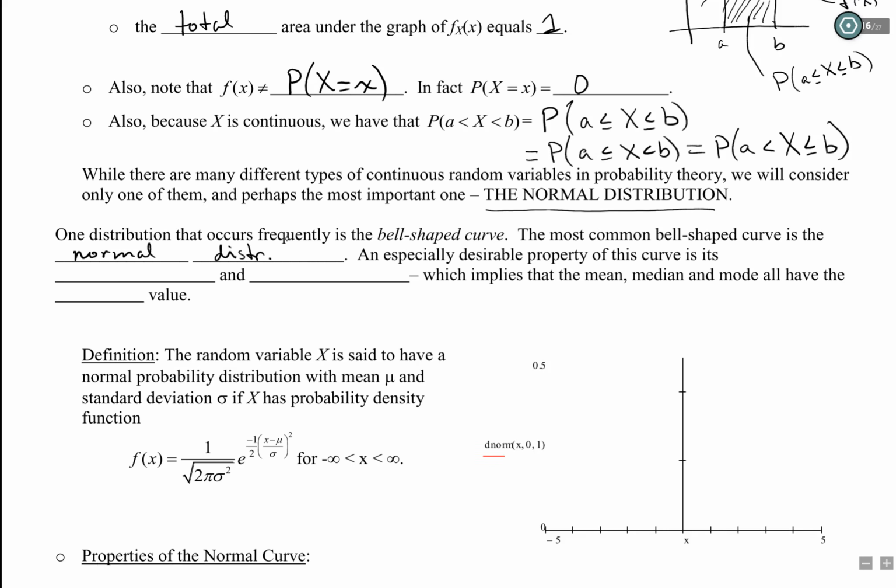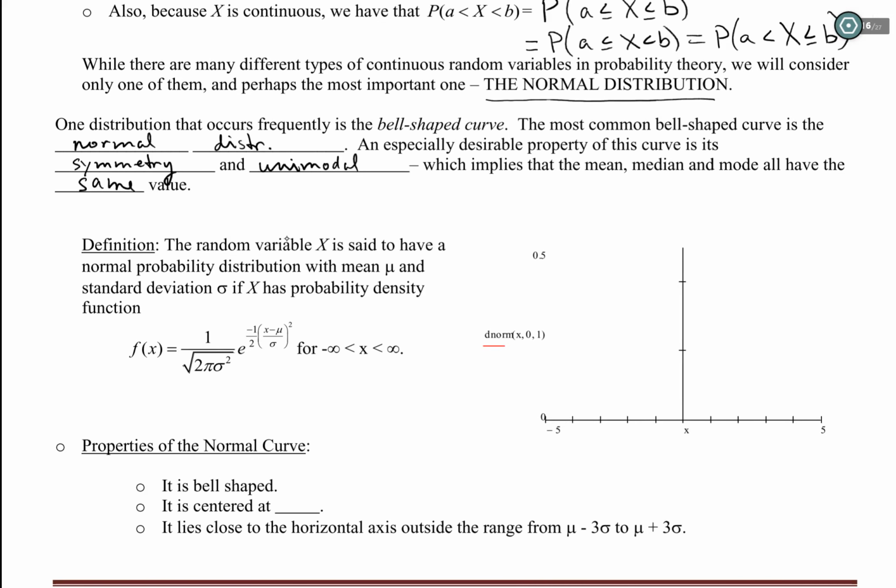Some desirable properties of it are that it is symmetric and unimodal, has one mode, which implies that the mean, median, and mode all have the same value.